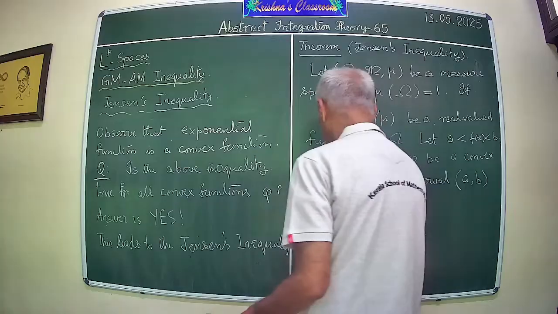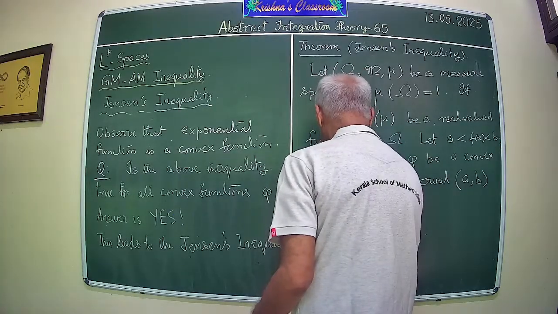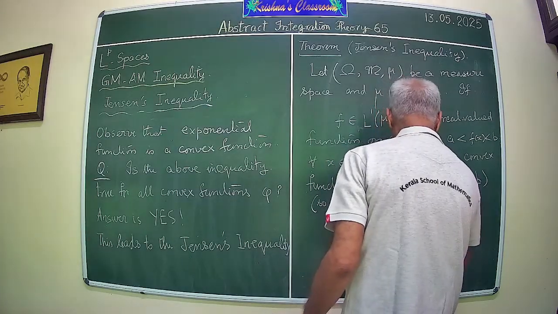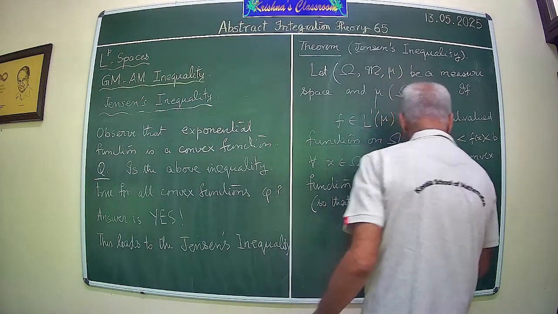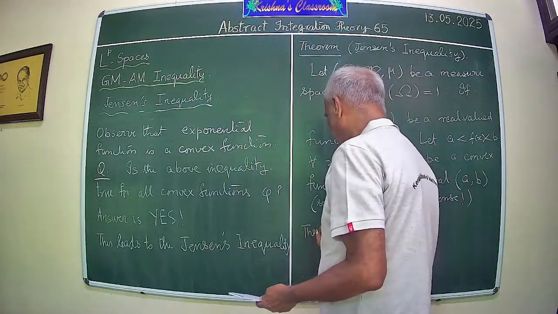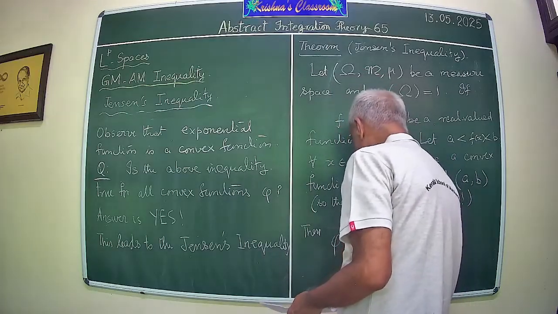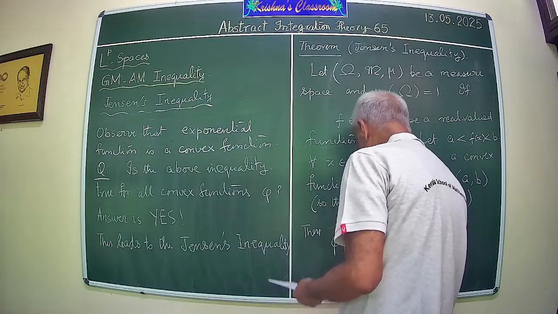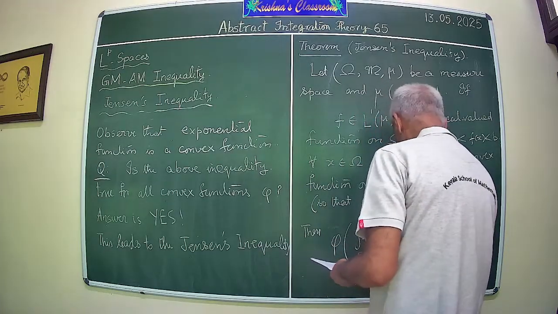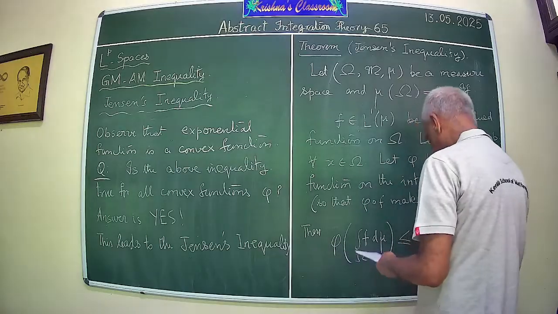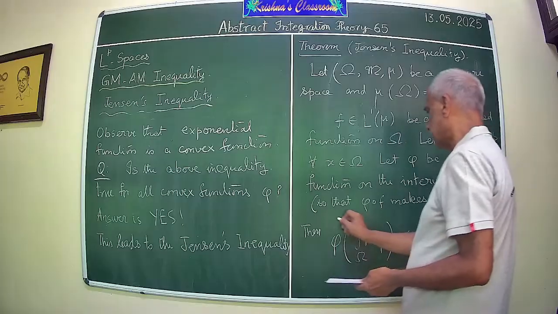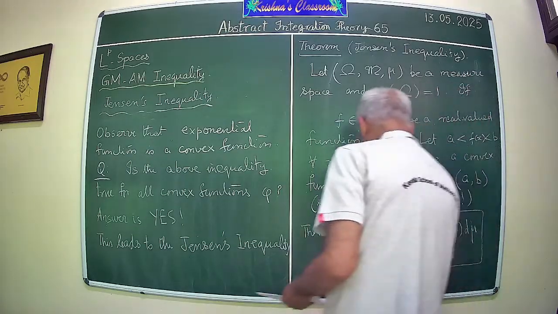Okay. Then we have phi of integral over omega f d mu is less than or equal to integral of phi composed with f. This is the Jensen's inequality, and this is what we hope to do next time.